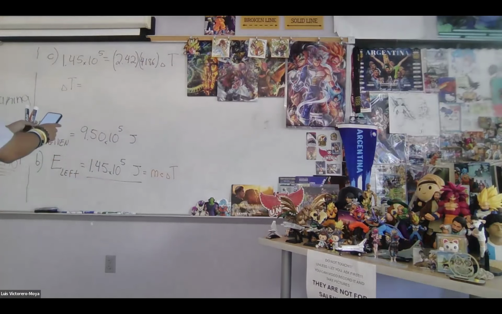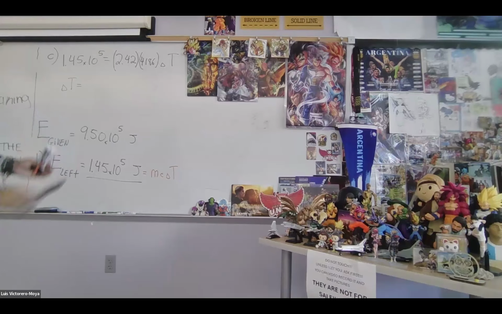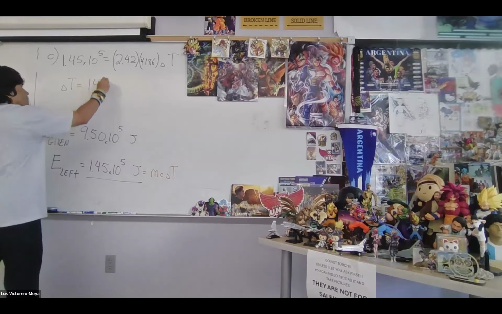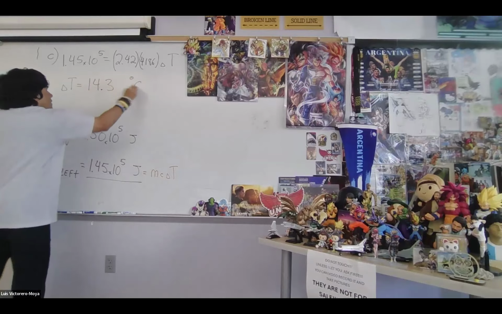So 1.45 times 10 to the 5 divided by 2.42 divided by 4186 gives 14.3 degrees Celsius. That's the current temperature.